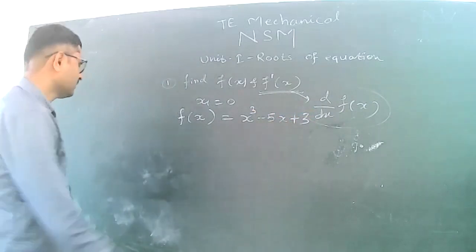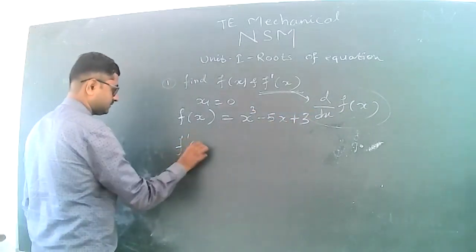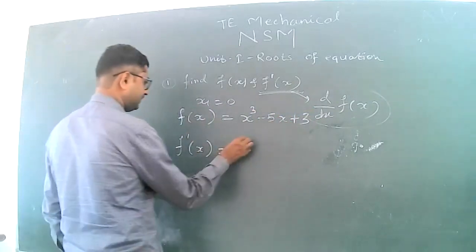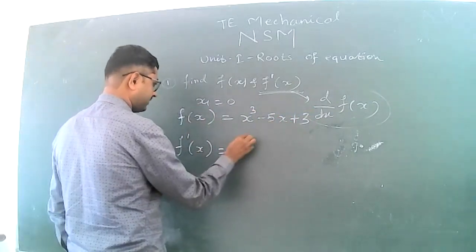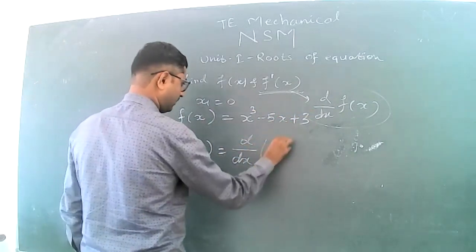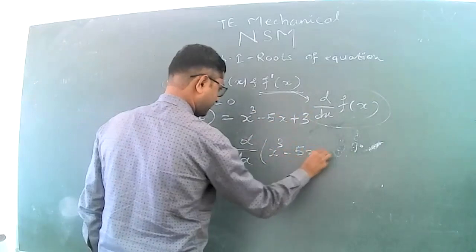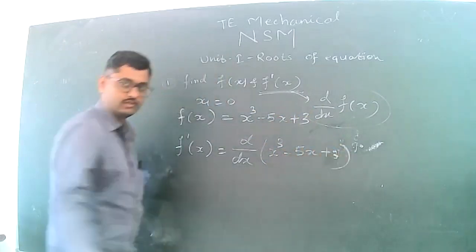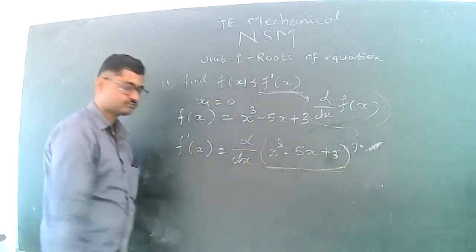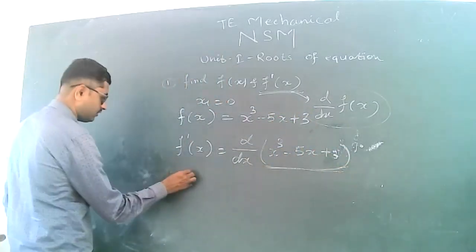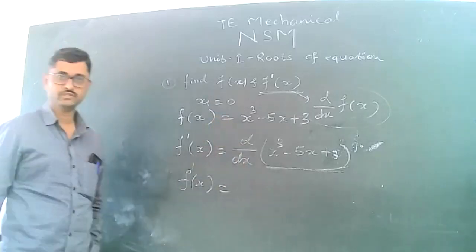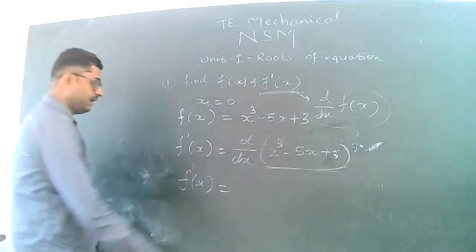Then f dash of x is d by dx of x cube minus 5x plus 3, the derivative with respect to x.